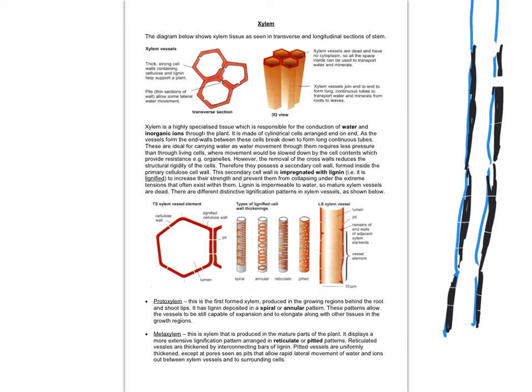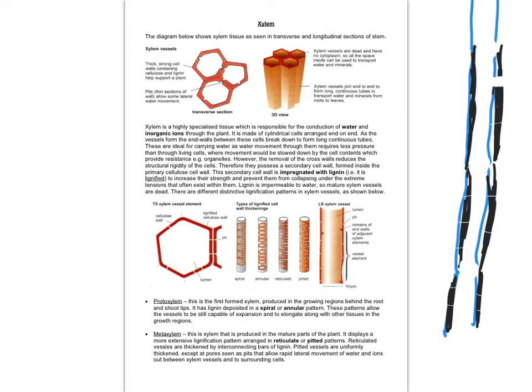As the cell matures, you get extra layers of lignin deposited, called secondary thickening. You can see in your notes that sometimes these are rings, sometimes they're spirals.